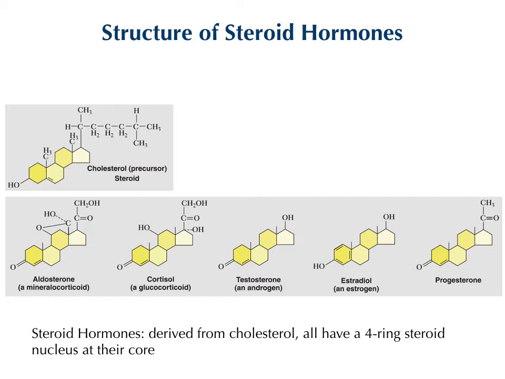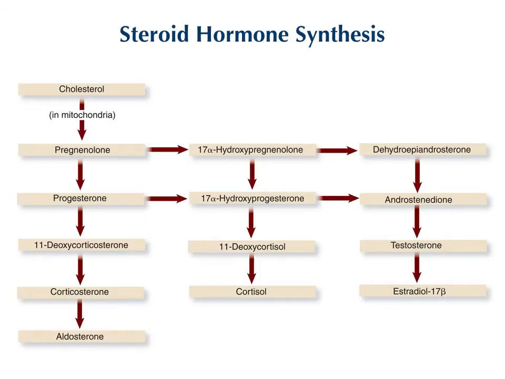These are all hydrophobic and therefore lipid soluble. Here are the metabolic pathways used by endocrine cells to convert cholesterol into steroid hormones. Examples of important steroid hormones include cortisol, which you see at the bottom of the second column, aldosterone, estrogen, progesterone, and testosterone.